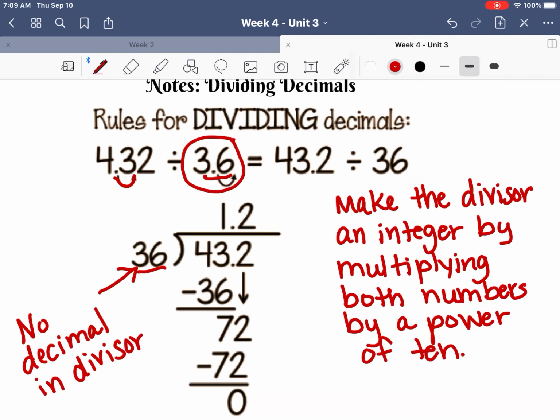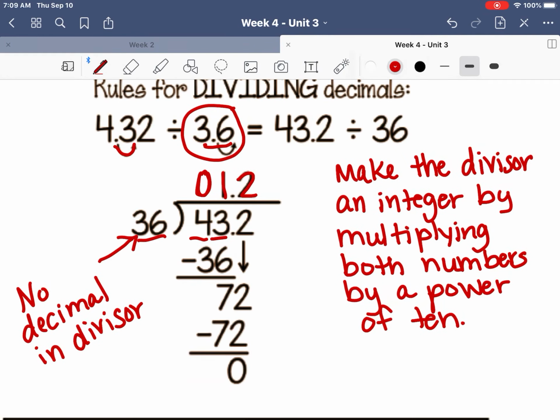So then we just divide like we normally would do. 36 doesn't go into 4. I sometimes put a 0 placeholder there, but you don't have to. 36 will go into 43 one time. And then you multiply 1 times 36 and subtract and get 7. And bring down that 2. And 36 will go into 72 twice evenly, and you're done.